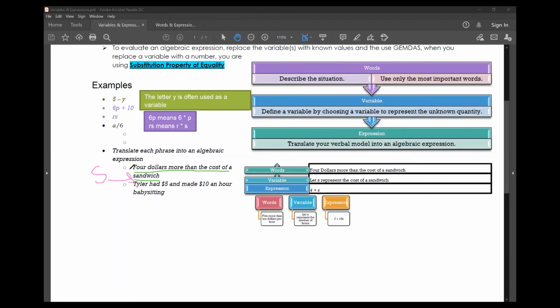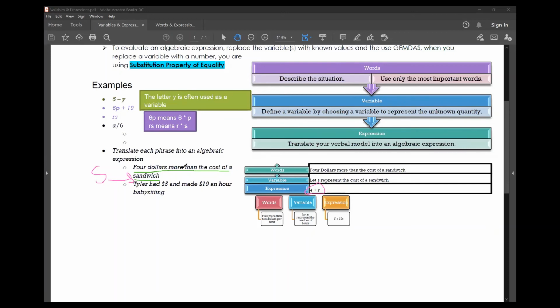So S is your variable, and the expression is 4 plus S. That's how you write it in expression form.